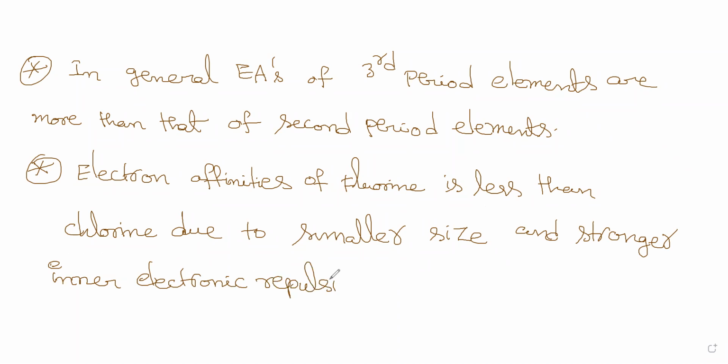So this is the one, this point you have to remember, very important. Electron affinity of fluorine is less than chlorine due to smaller size and stronger inner electron repulsion.